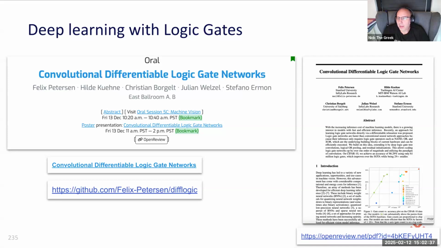So this work over here, Stefano Ermon is a very well-known researcher, has done a lot. He has published a lot of work at NeurIPS. It is not about transformers, but it could potentially be applied to transformers. If this technology that we're going to see on simpler networks can be applied to transformers, it would be great.